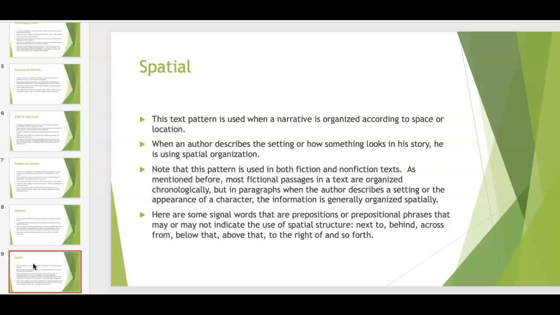Some key words for understanding that are next to, behind, across, from, below that, above that, to the right of, and so forth. I will also bring in organizers to show you exactly how each one of these text structures works, so you can look at them visually.